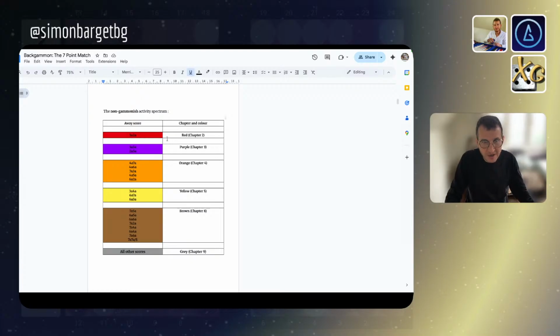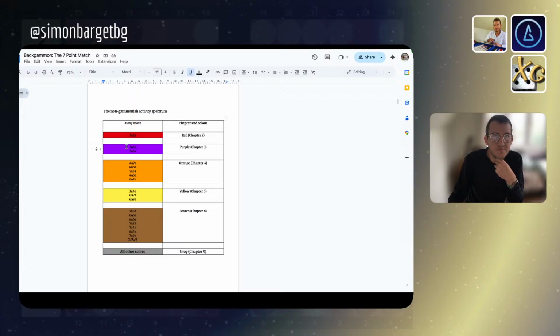Then when you go into the heart of the book, it will show some positions with the equities and what the difference is between the equities at that score. If we go down to brown, at the bottom we see 7 away, 7 away. And then if we go down to purple, we see 2 other scores.